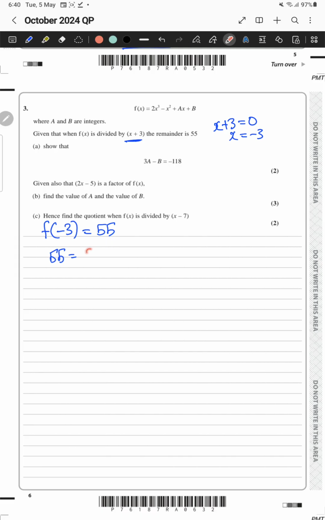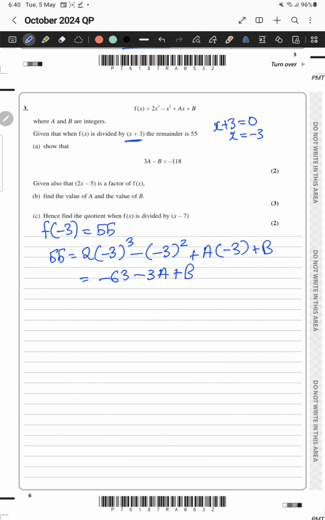So 55 equal to 2 times by minus 3 cubed minus 3 squared plus a times minus 3 plus b. So 2 times minus 3 cubed minus 3 squared is going to be minus 63 minus 3a plus b.